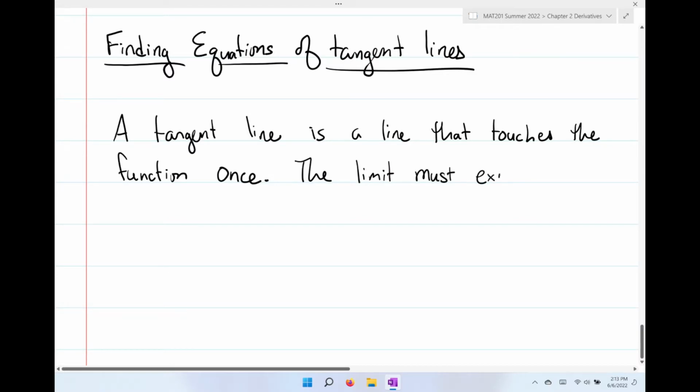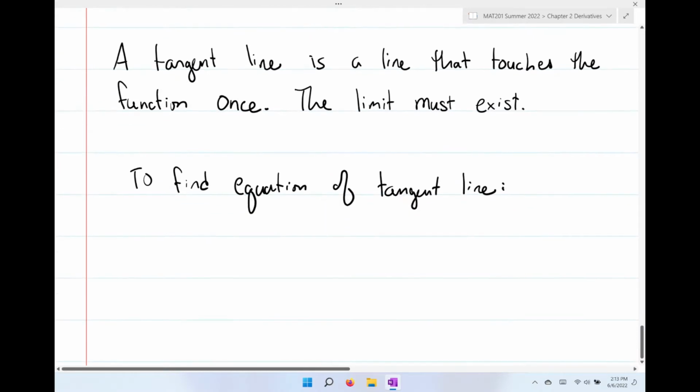The reason for that is because in order to find the equation of a tangent line, here's what we need. We need a point. And this is assuming that we gave you a function, because we're always going to give you a function. But the first thing you're going to need is a point.